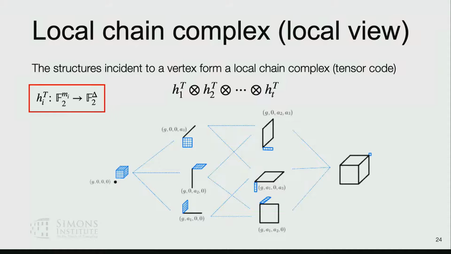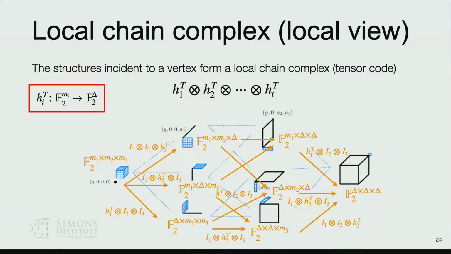And within this very giant code, there's a very useful structure to consider, which is this local chain complex. This structure consists of all the objects that are incident to a particular vertex. You pick a vertex, and then you look at its local view. It's a bit complicated, but it looks like this.